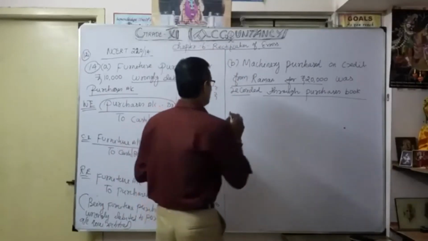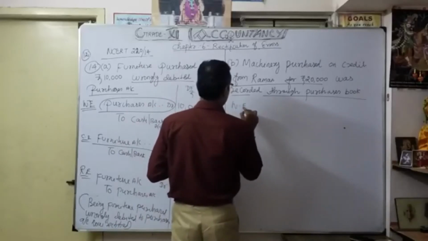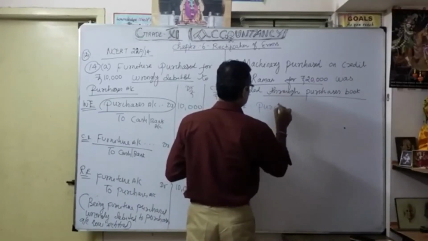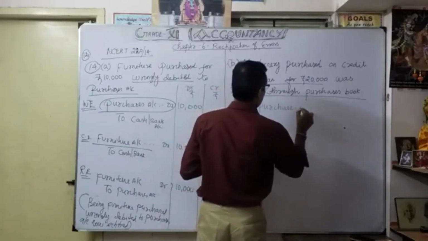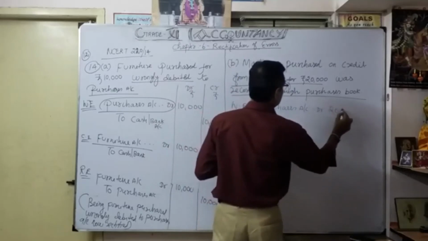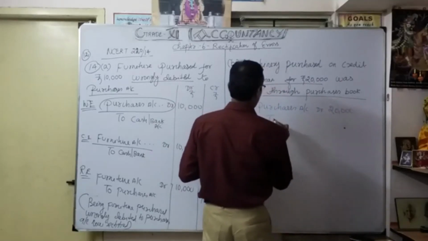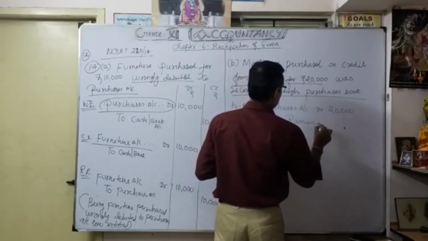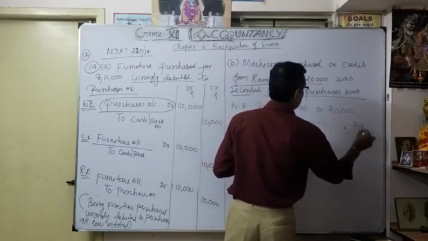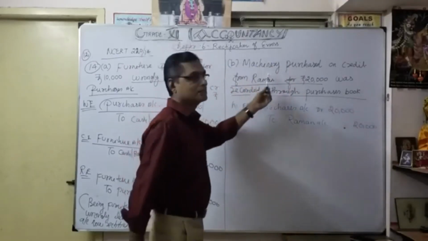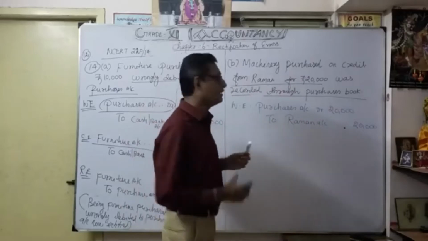So what is the wrong entry? Purchases account debit 20,000 to Raman account. We purchased from Raman, but we purchased machinery, while they recorded it as purchases.